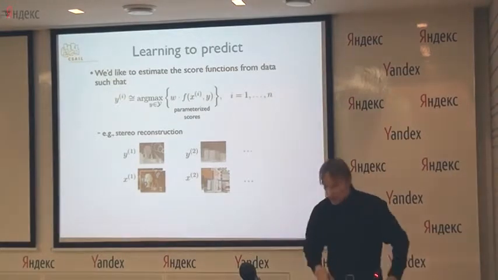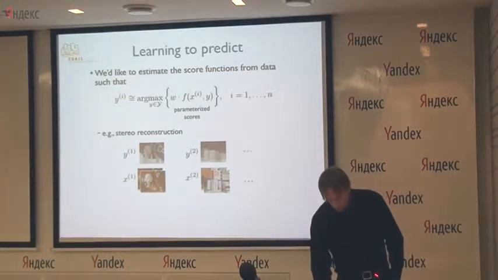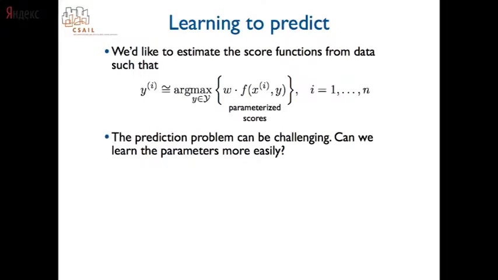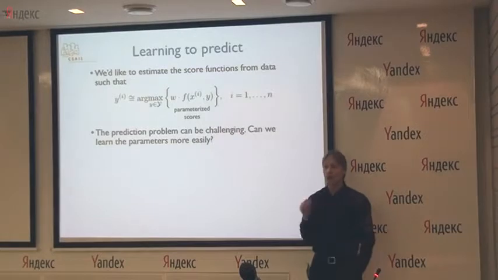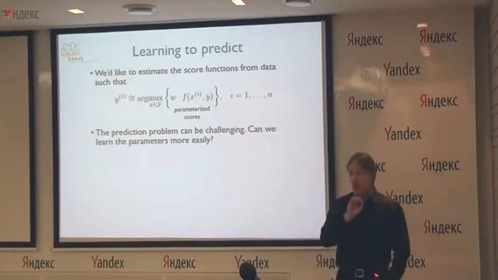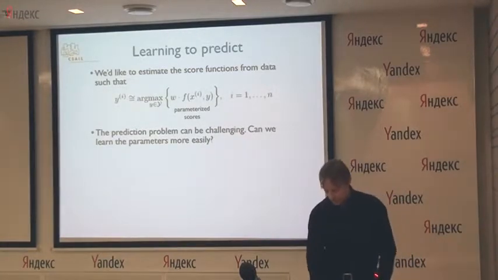All right. So how do we solve this problem? Well, I've emphasized already that just to make a single prediction is already quite hard. The question is, can we somehow get the parameters much more cheaply than the cost of making a single prediction?